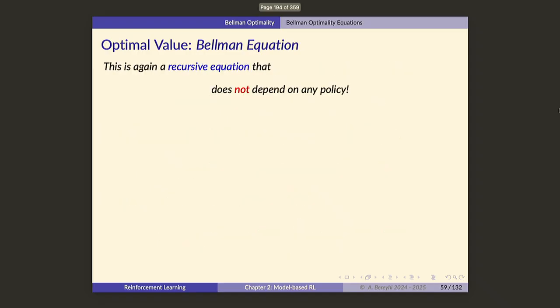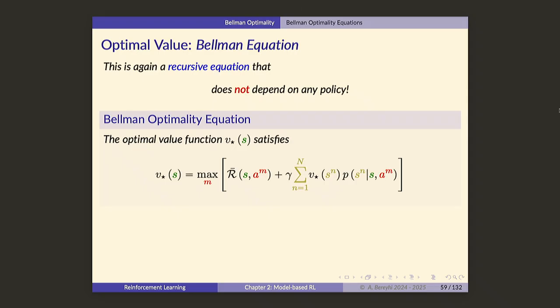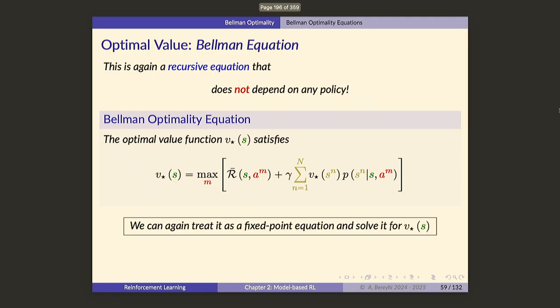Again, you write down n equations with n unknowns, you solve it, and you end up knowing your optimal value. Questions? This is a fixed point equation in terms of V star. You solve it for V star, and then you find the optimal value.